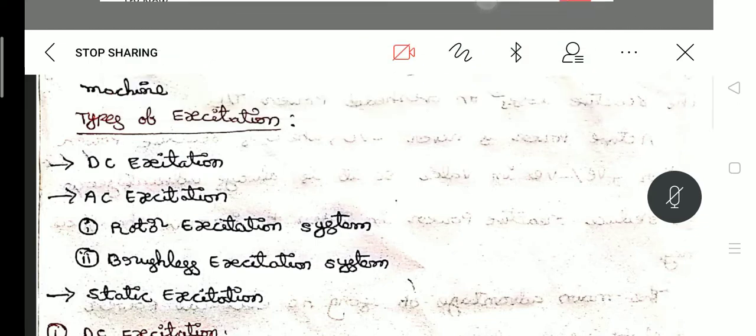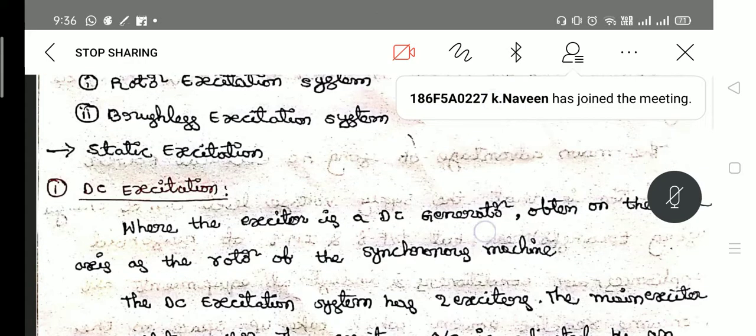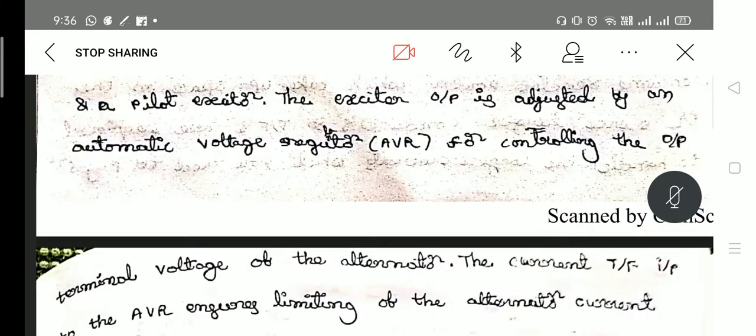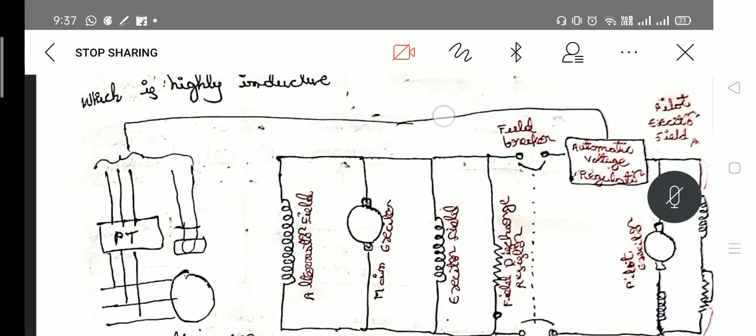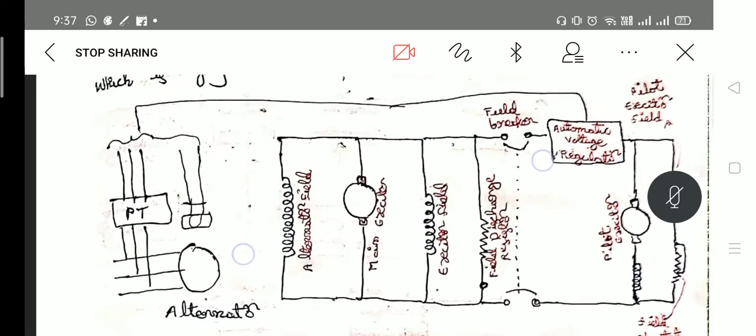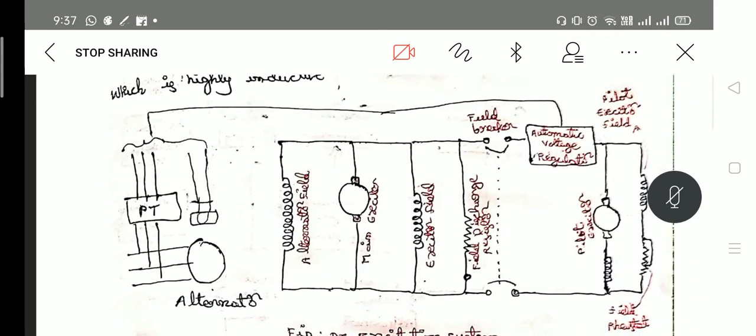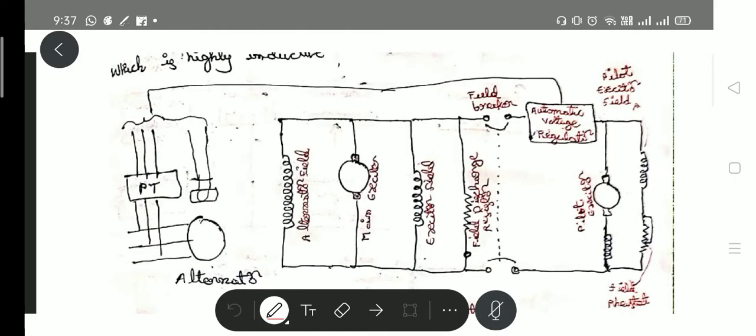So first we discuss the DC excitation. What is the purpose of DC excitation? This is the DC excitation circuit. In this DC excitation system, we have two exciters.